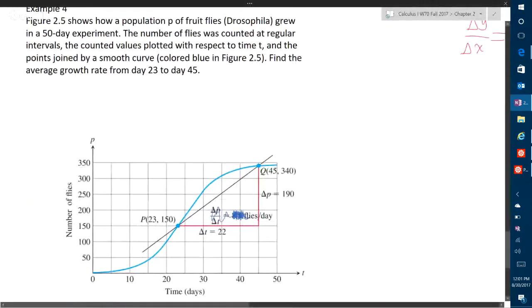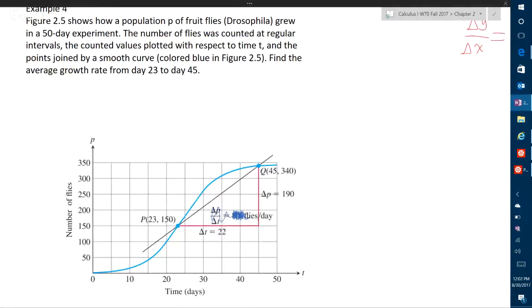This is the graph. What are they asking us to find? The average rate of change, average growth rate, over what? Over day 23 to day 45. So they're specifying an interval here.